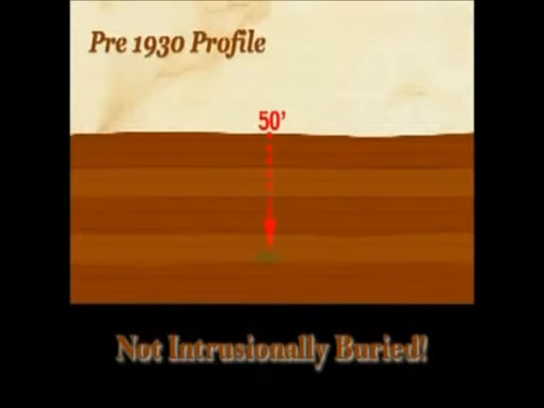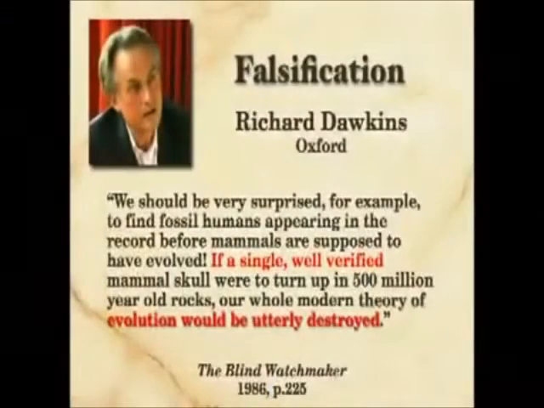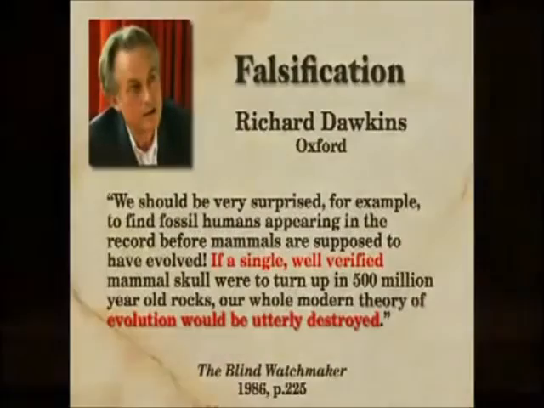In fact, just overwhelming evidence against it. If they're before 1930, this is the way it looked. And remember then what Dawkins says, if you can well verify it, his conclusion is evolution would be utterly destroyed. I think that's exactly what's happened. But anytime you find bones, they're going to be intrusionally buried.